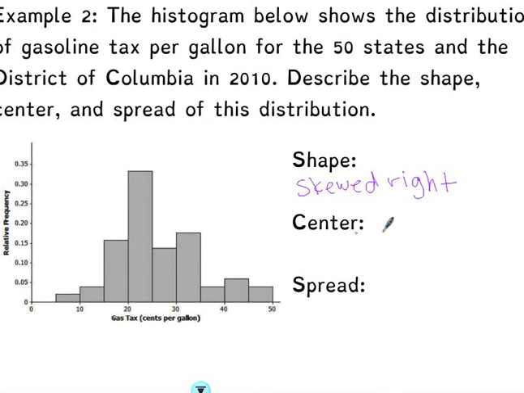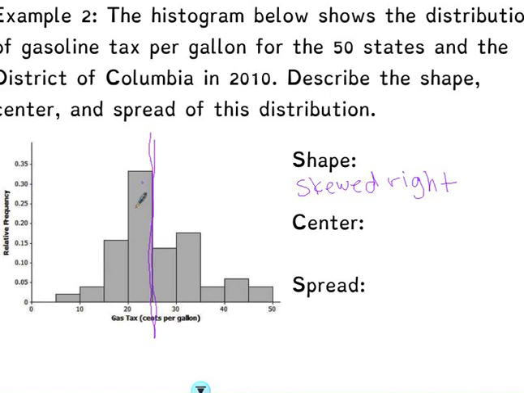When I look at the center, I want to find the mean. This is another way of saying the mean. When I look for the center, I want to find the approximate center where the data frequency on the left almost matches the data frequency on the right. Looking at this, I would probably say that a good mean would be somewhere in here.